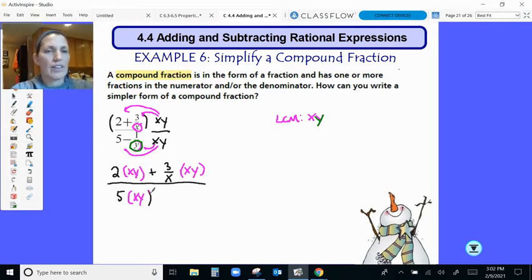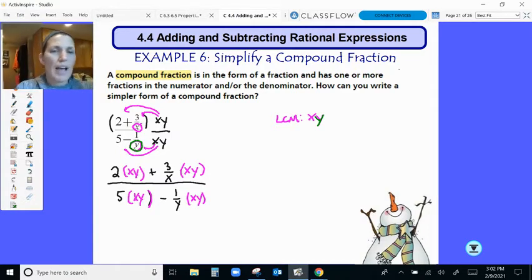There we go. And then plus, we have, no, it's a minus. Minus, and I'm going to have my 1 over y, and that gets multiplied by xy.